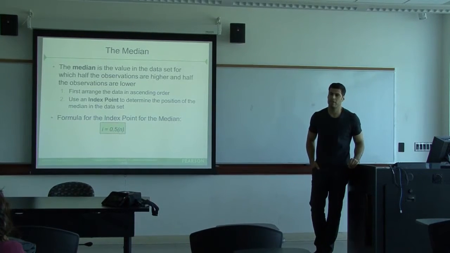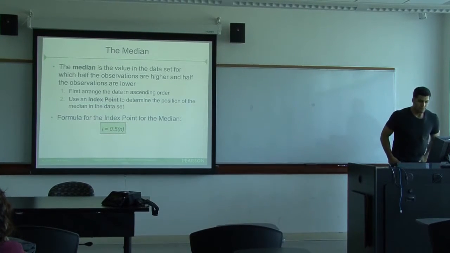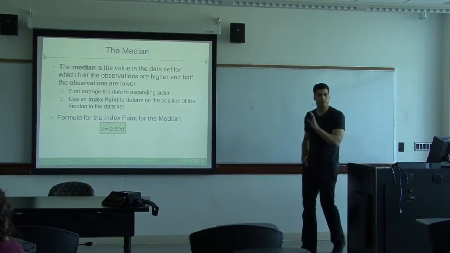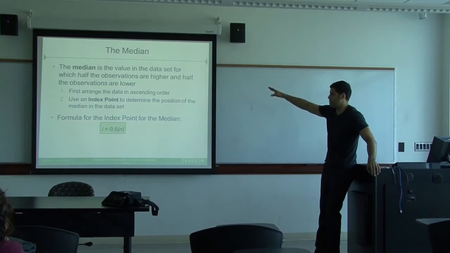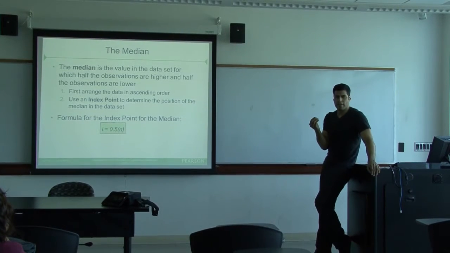At least. It could be a little more. The definition is very simple, but we'll go back to the median at the very end of today's class. But the median is a value in a data set. Just don't forget that part.